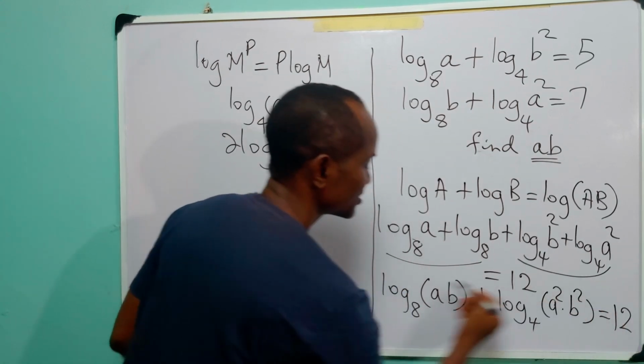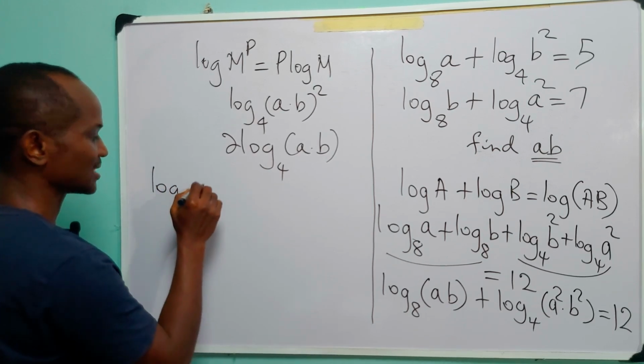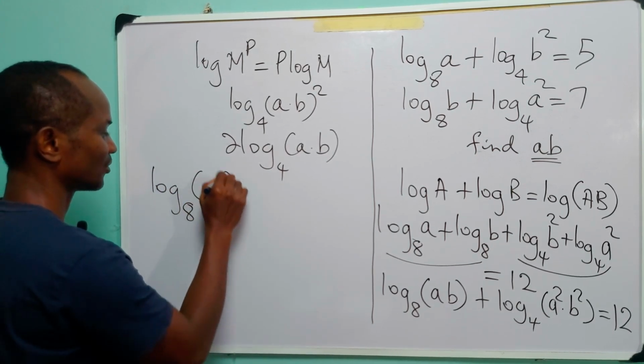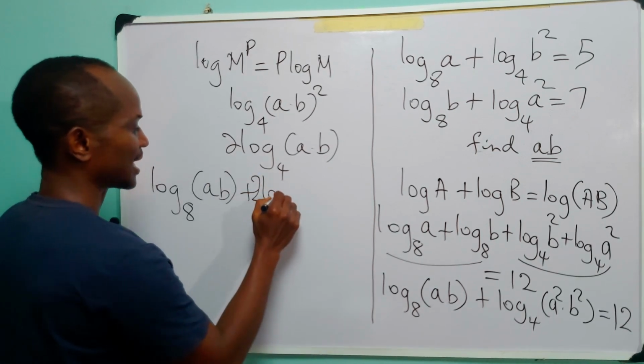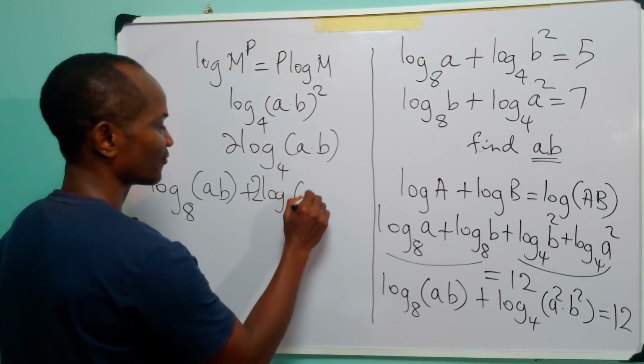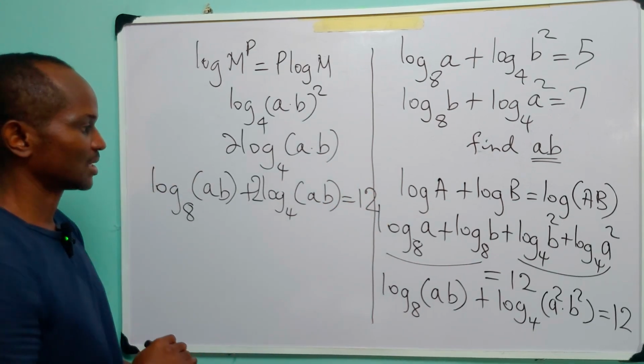So we can write this whole line as log to base 8 of a b plus 2 times log to base 4 of a b is equal to 12.